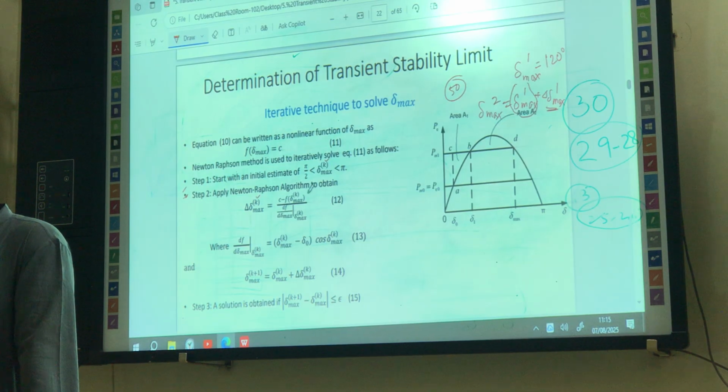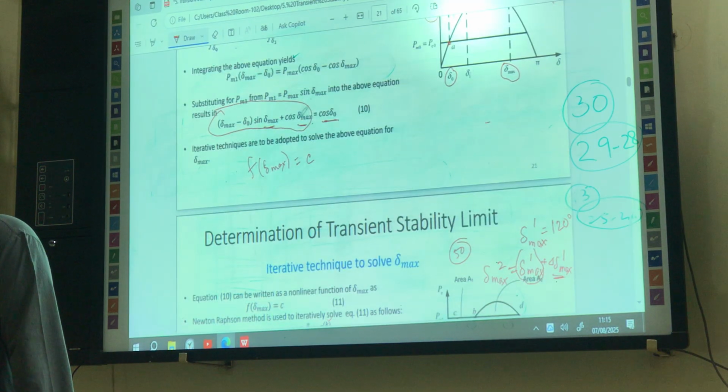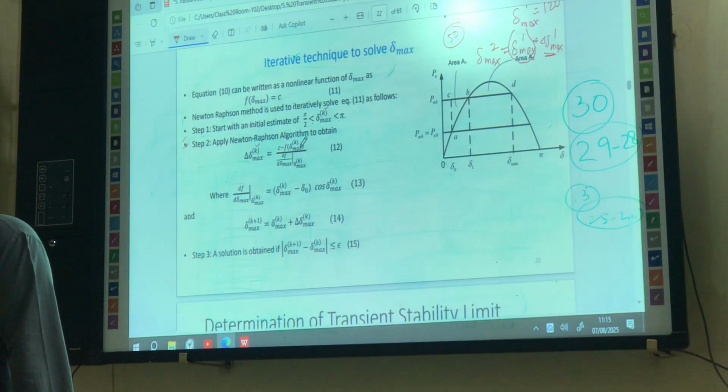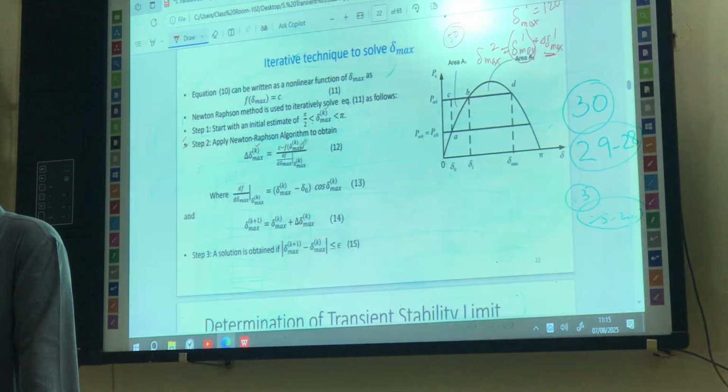It is the overall right term, and you have to calculate f at delta max k. This delta max k is known to you because it is your initial guess. So you can calculate the f of delta max k term. Can you calculate it?